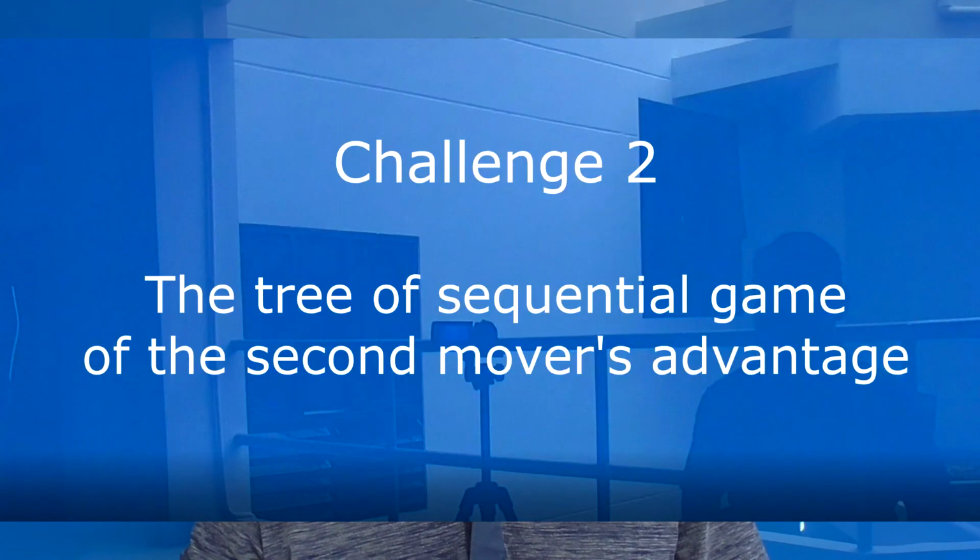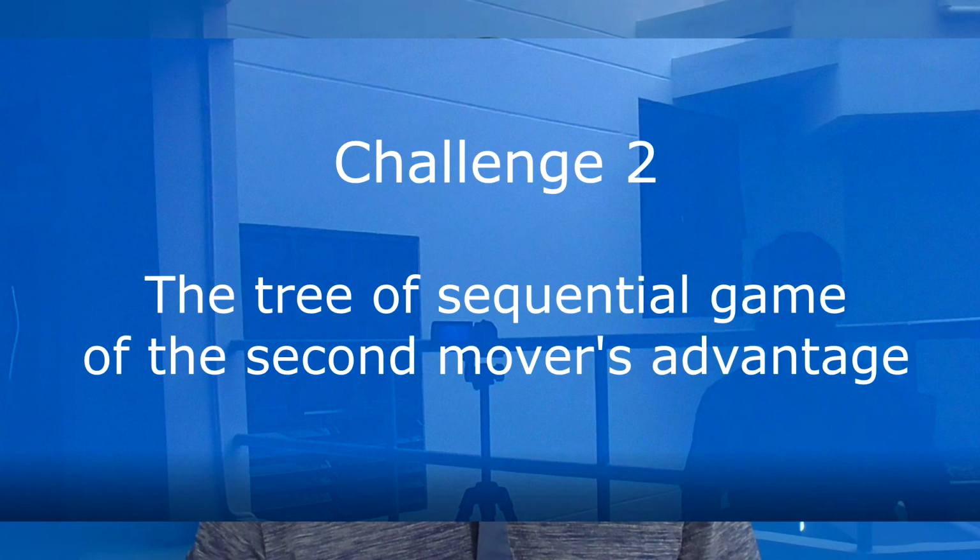And the second challenge, the tree of a sequential game of the second mover's advantage. The hint is that in the payoff of the first mover's advantage, the payoffs of the first movers are always positive and the payoffs of the second movers are always negative.